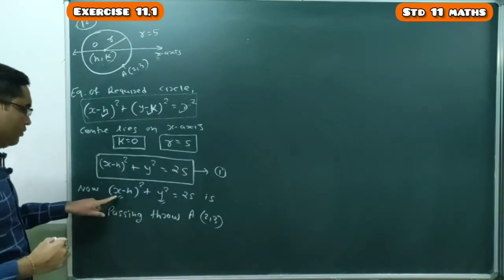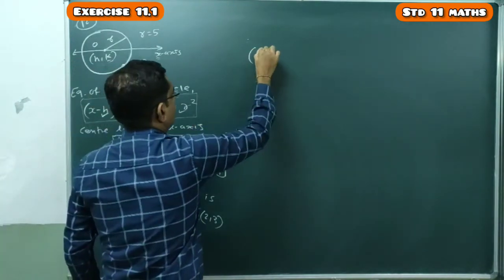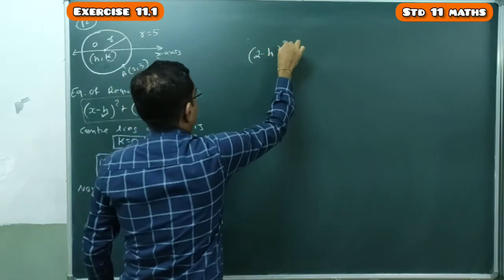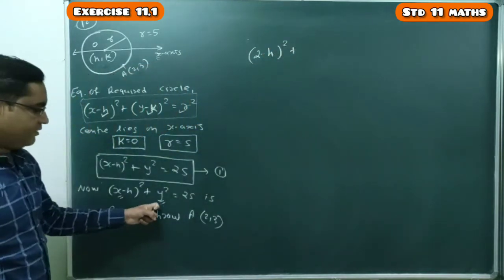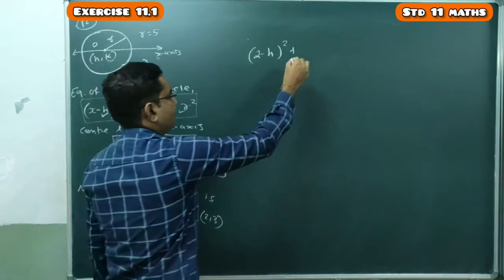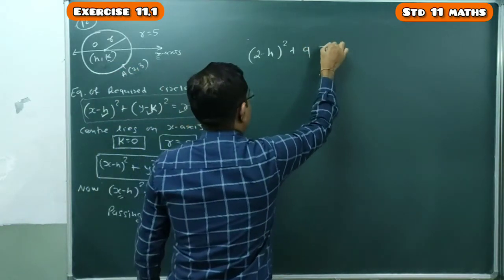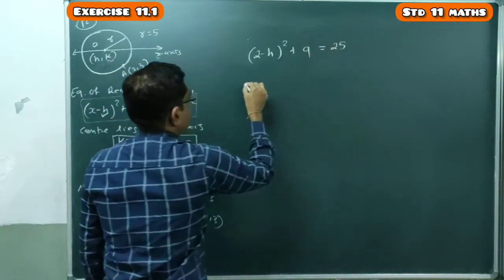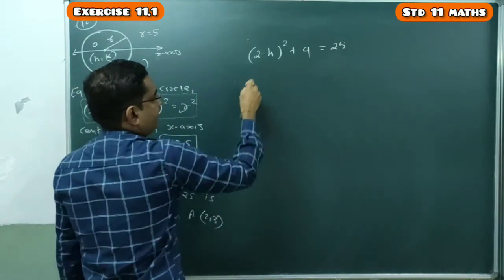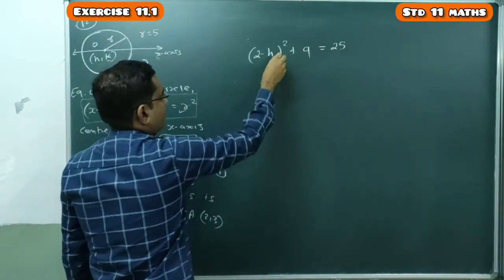Put x equal to 2. So it's 2 minus h whole square plus y equal to 3 square, 9, equal to 25. Solve this, we are getting the value of h. So again x minus h whole square is there.